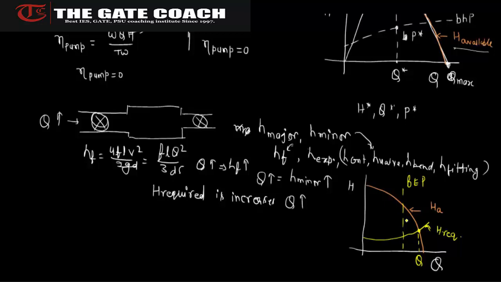Now we can do this by providing different RPM, because this performance curve, the H available curve, is at a particular or designed RPM. So as the RPM changes, this curve is going to change. At a different RPM, it may look like this: this one is at the lower RPM, this one is at the higher RPM, and this is at a still lower RPM.